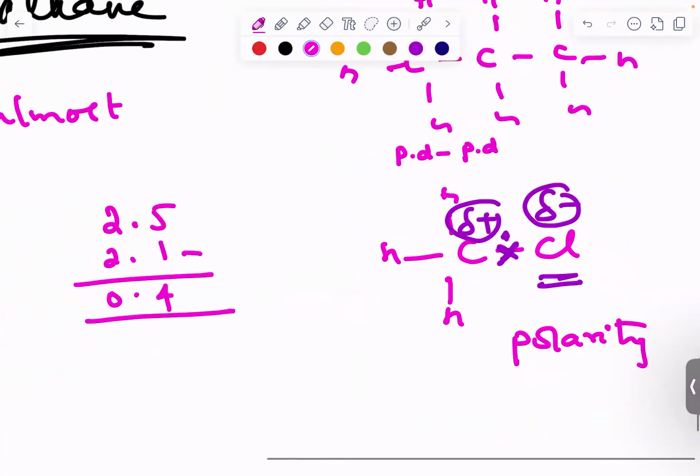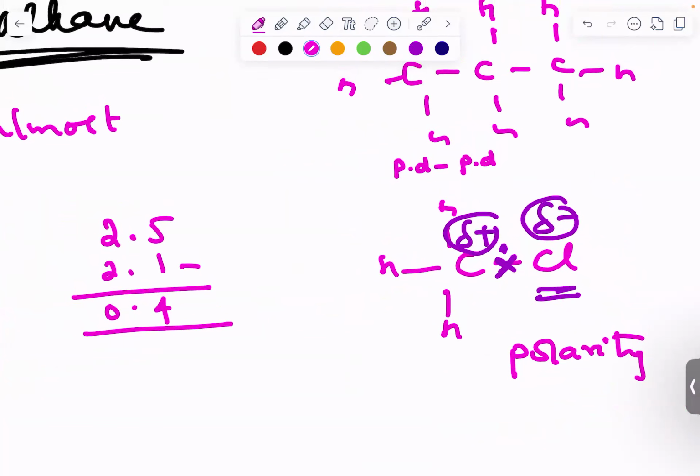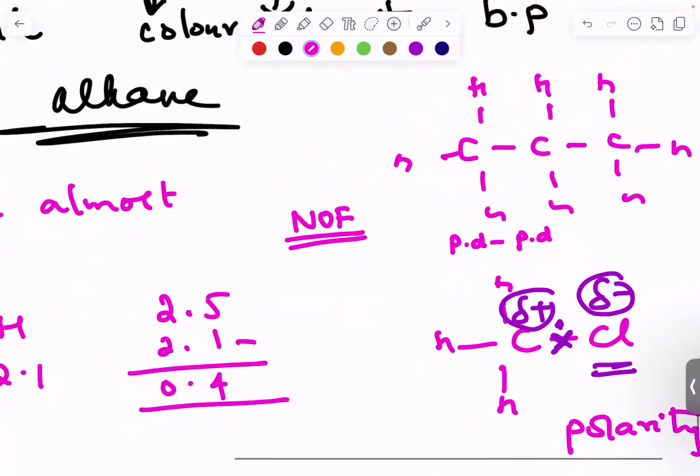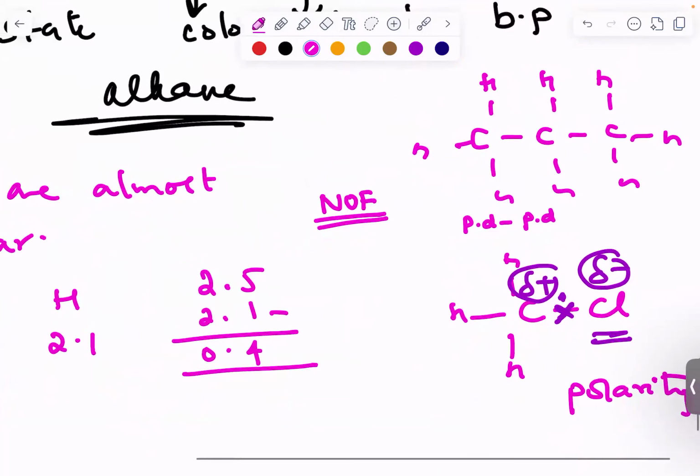No, not a hydrogen bonding, because for hydrogen bonding you need to have FON or NOF, right? There is no FON or NOF, so you can't say that it has hydrogen bonding. Yeah, so the only type of van der Waals force which could be there in alkanes would be temporary dipole induced dipole.